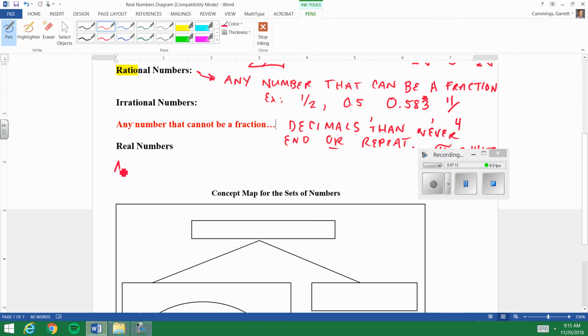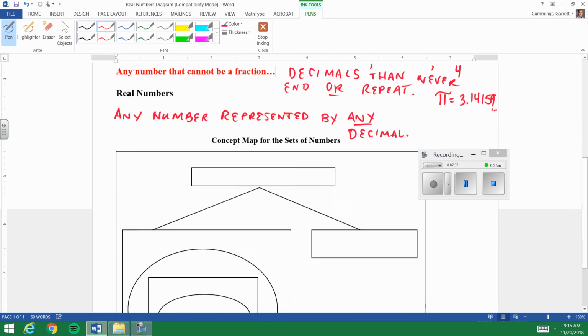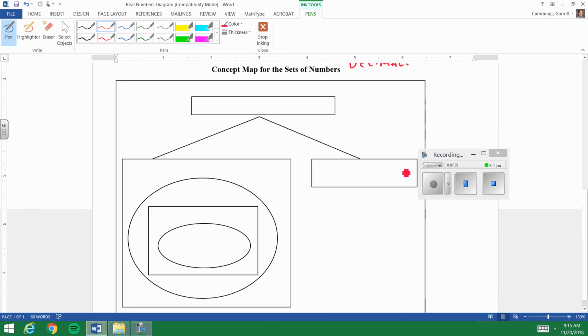Any number represented by any decimal that can be written in our place value system would be a real number. So let's check out the concept maps for all of these number classifications.